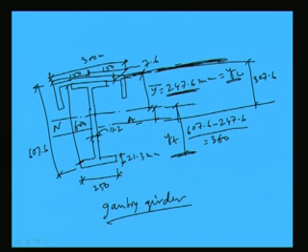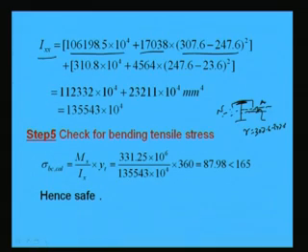So, this distance will become 307.6 minus 247.6. So, for the shifting of moment of inertia from the neutral axis of the individual section to the neutral axis of the combined one, we are using 307.6 minus 247.6 whole square. So, I x x equals I x x dash plus A r square.